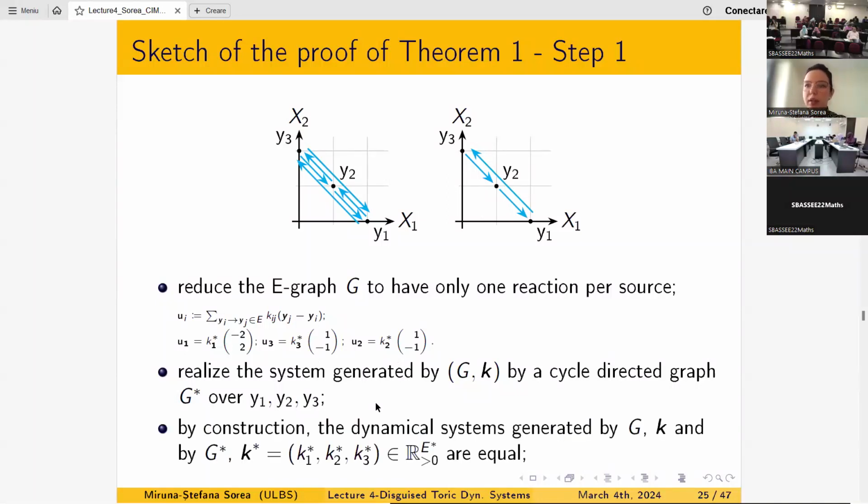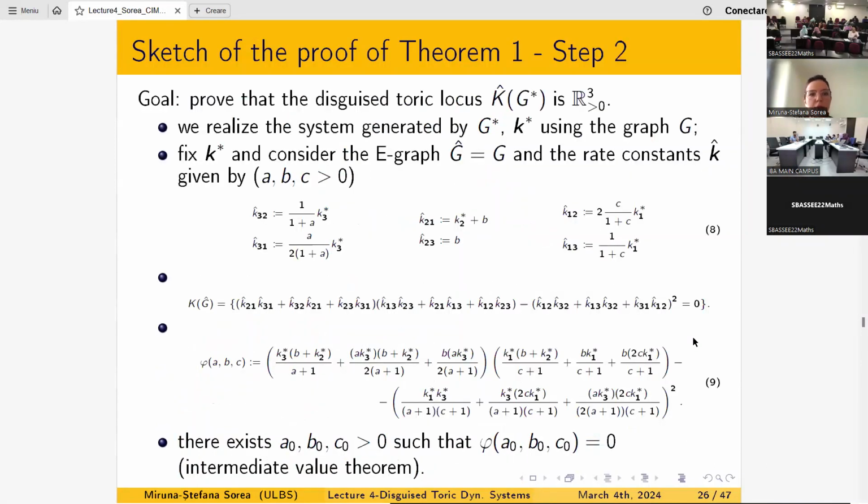If you check, by construction, just by summing up these vectors, the dynamical systems are equal. So we have a dynamical equivalence. And keep in mind there are these new rates, K1 star, K2 star, K3 star.